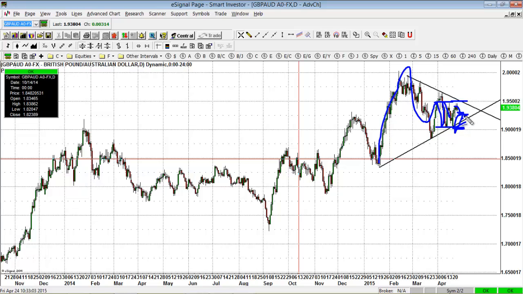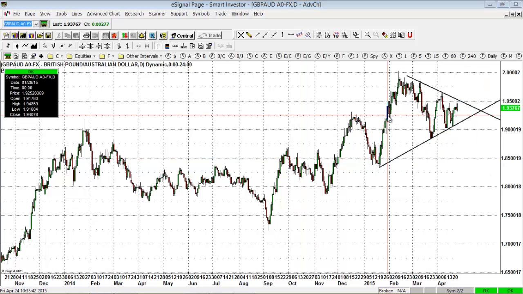For next week, I am looking for a breakout to the upside, just continuing the trend. If this breakout to the upside occurs, we could test the $2 level. If the market moves in the opposite direction and we get a breakdown, then we could test this 185 level.